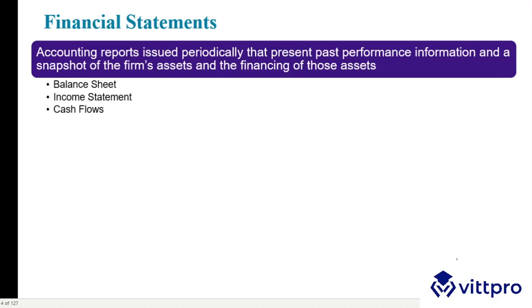One is called the balance sheet, which is the snapshot of the firm's assets and how the assets are financed, where the financing is coming from. Then you have the operating performance report, which is the income statement, which carries the detail of how much the company has earned, where they have spent the money, and what is the net result of those activities, right?